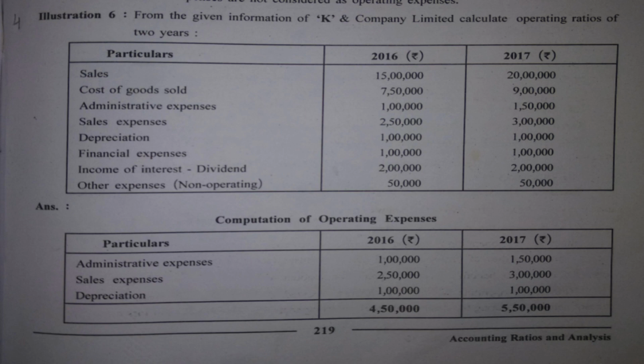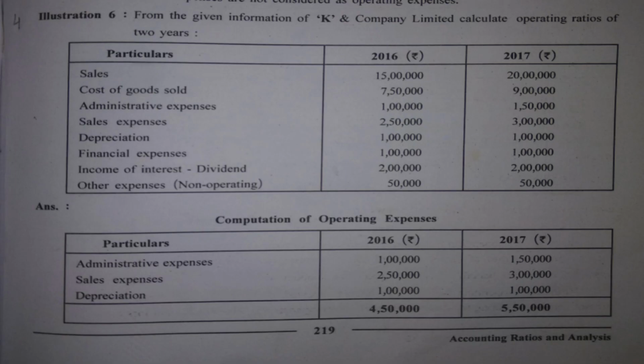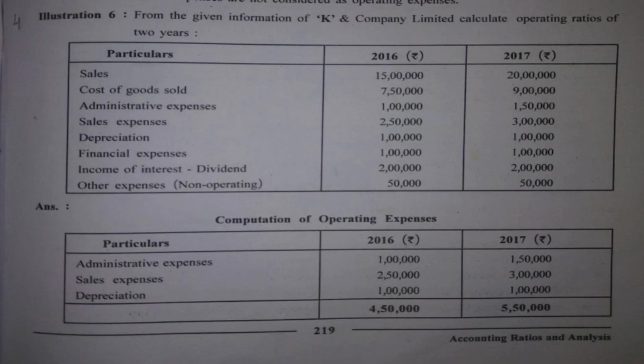So now putting all these figures in the formula. The formula is COGS plus operating expense upon net sales into 100. COGS for the year 2016, 7,50,000 plus 4,50,000, the operating expenses that we have calculated, upon sales.